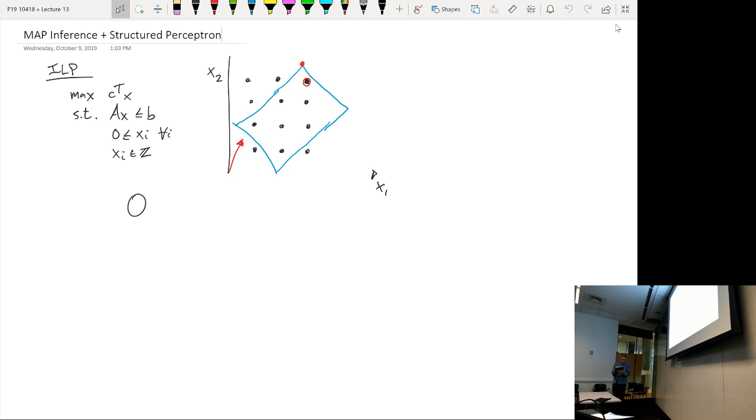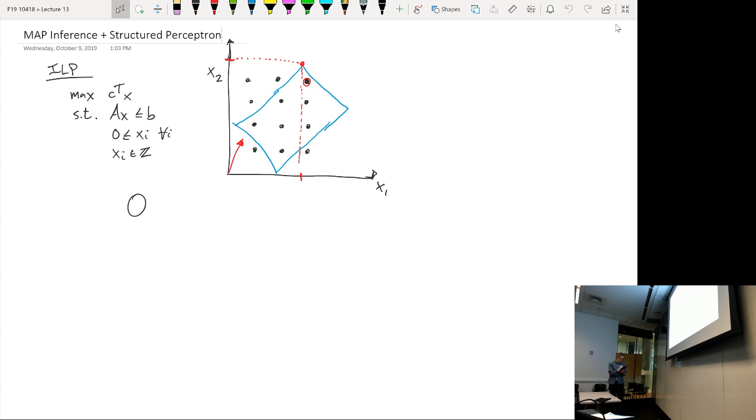And so when it does that, what it will find is that the global upper bound for this problem is going to correspond to the actual solution for this top red point.